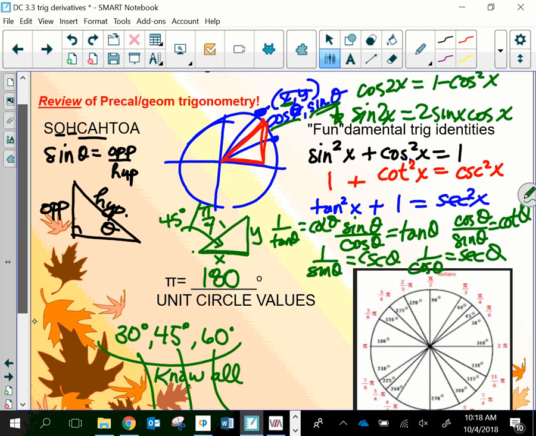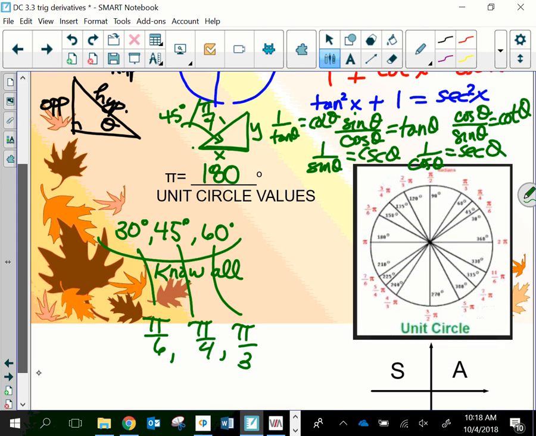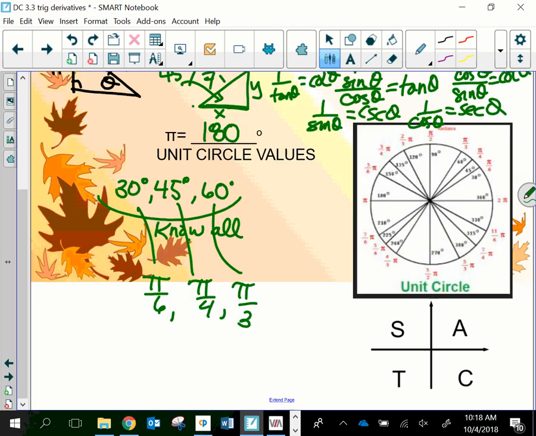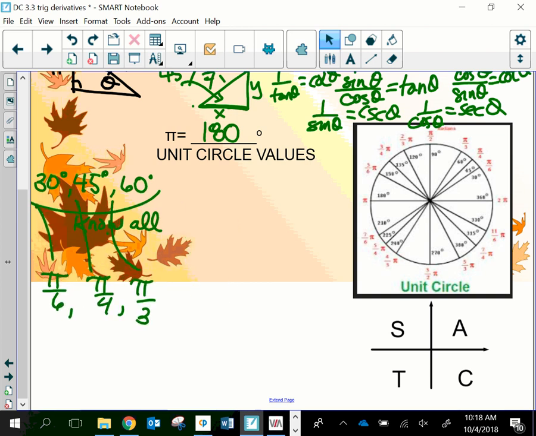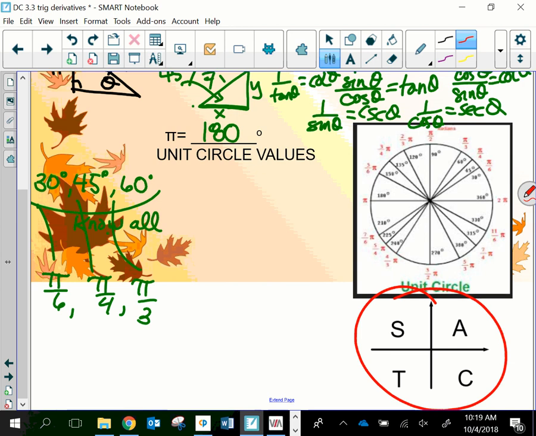Anyway, let's talk about the unit circle because I know that there's different expectations for where you come to calculus with. So let me scoot this all over here. First of all, who remembers what that stands for? Maggie. All students, it's an acronym, take calculus, which is a lie, but calculus teachers want to believe that it's true.